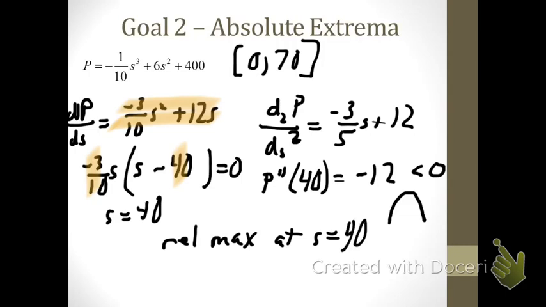Now, what we need to do is determine, is that the absolute maximum, or does the absolute maximum occur at one of the endpoints, 0 or 70? Let's test that out.